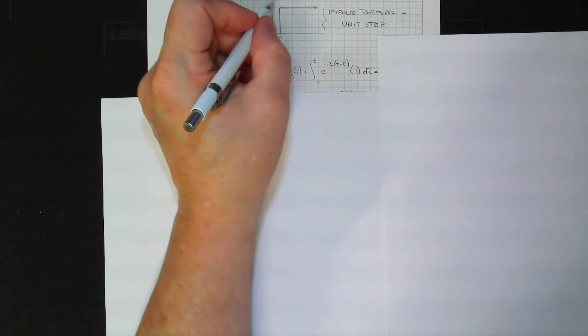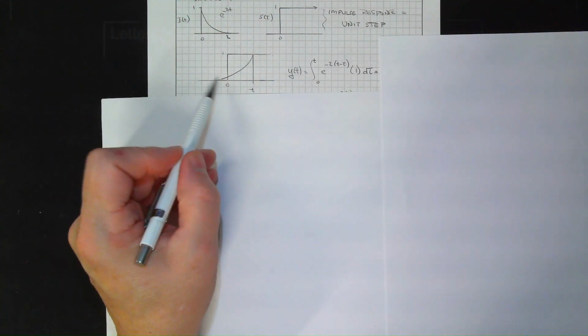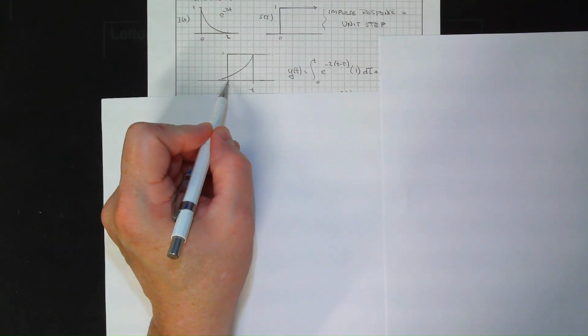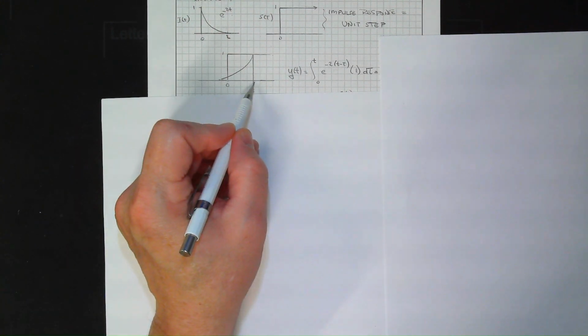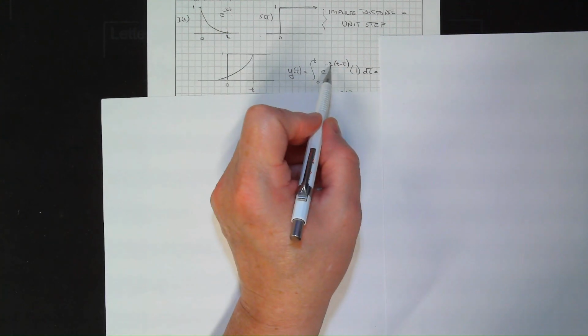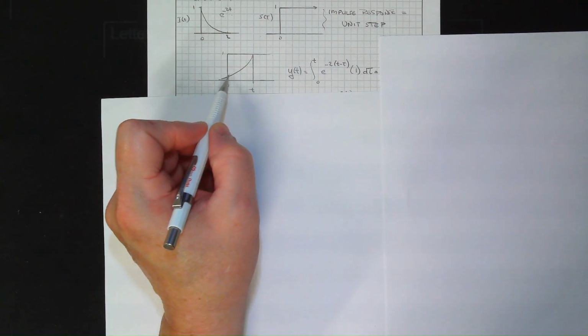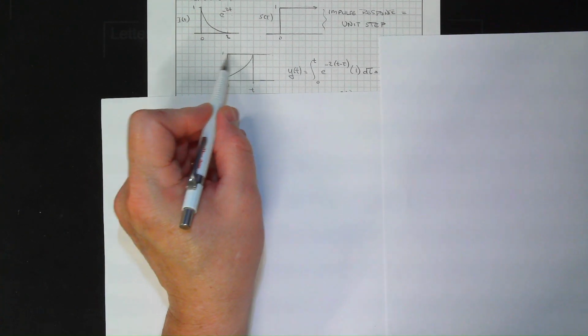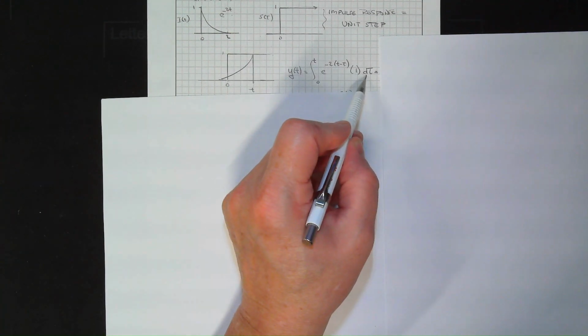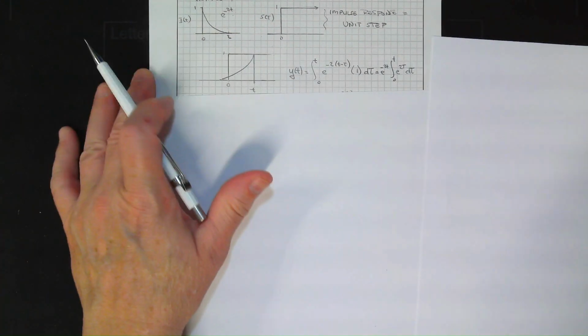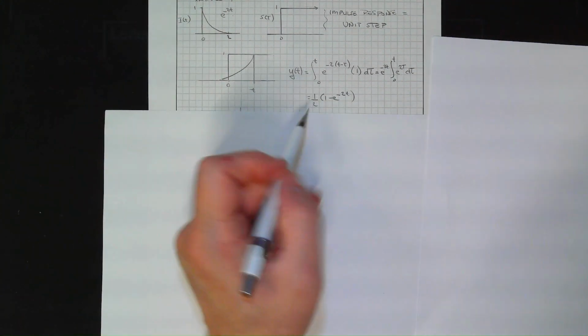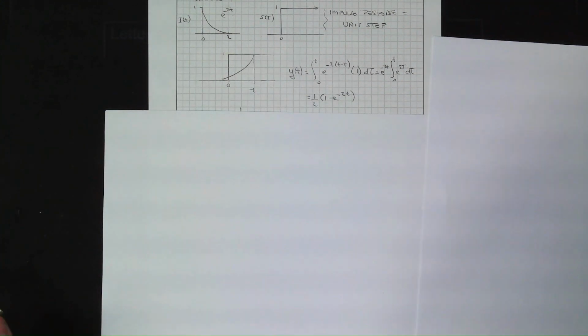So now I have an integral from 0 to t, e to the minus 2 times t minus tau, that's this piece, and then the impulse response is 1. So integrate it, you get that, boom, 1/2, 1 minus e to the minus 2t.